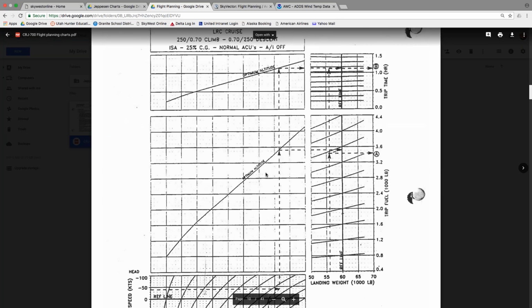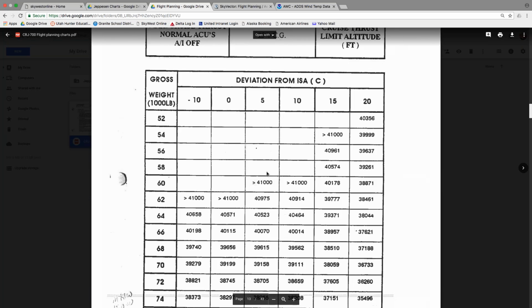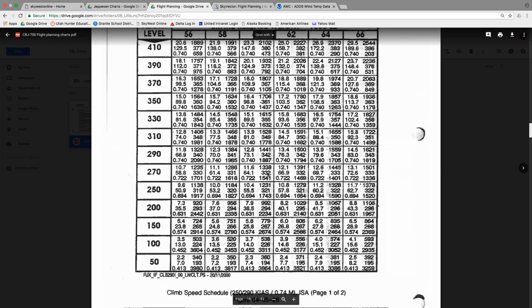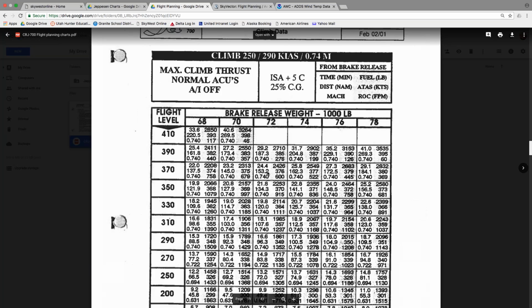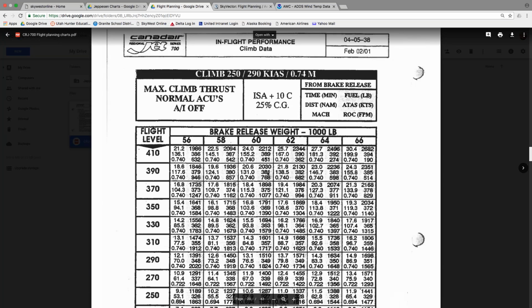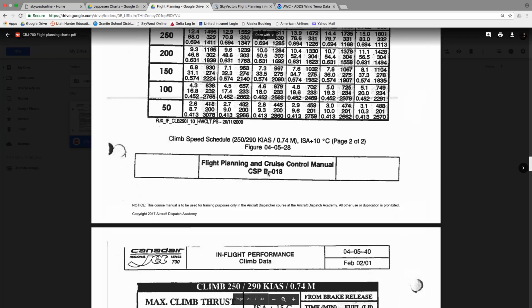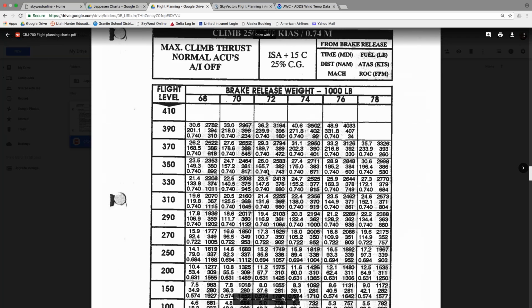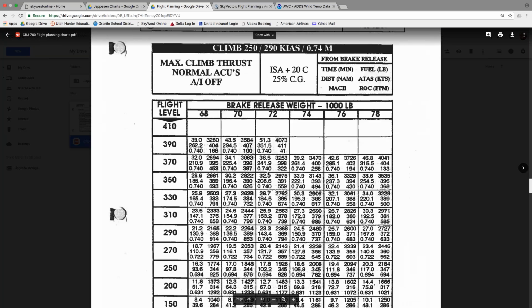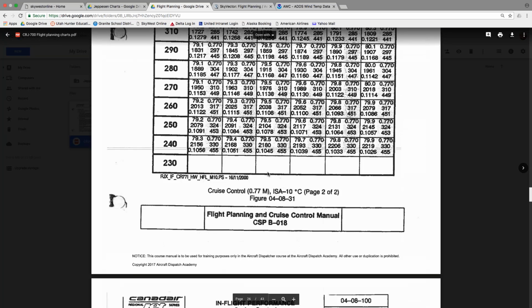Let's use our ISA chart and look at the difference in fuel per hour. Let's get to our cruise charts.